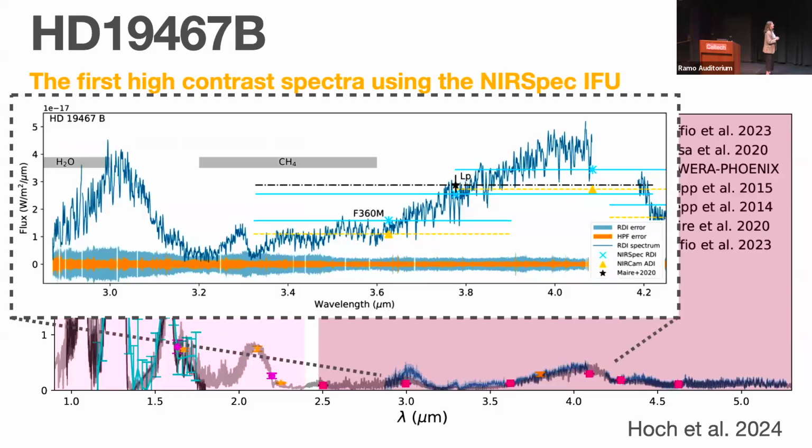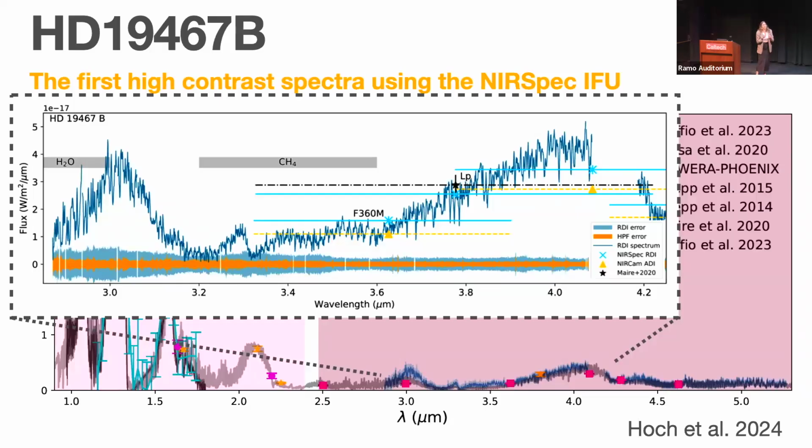I'll emphasize that prior to the NIRSpec observations, the only data in this wavelength range was this one black point here in the L prime band. To go from that to having this wealth of information that we're able to look at spectroscopically is so powerful and so incredible, especially where a large amount of the luminosity resides in that area. And so this is a really well-established benchmark brown dwarf system.